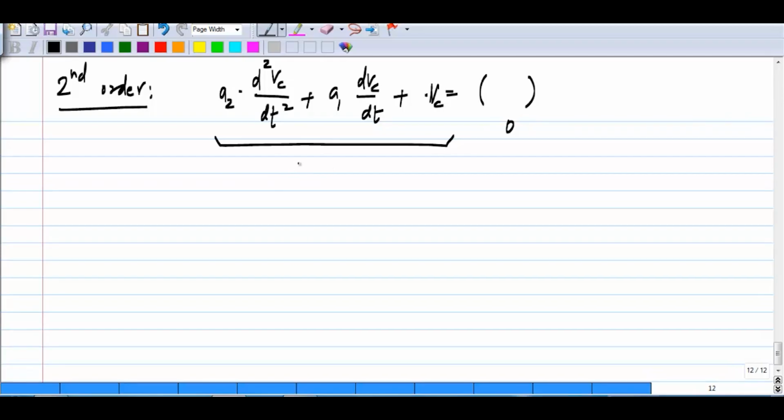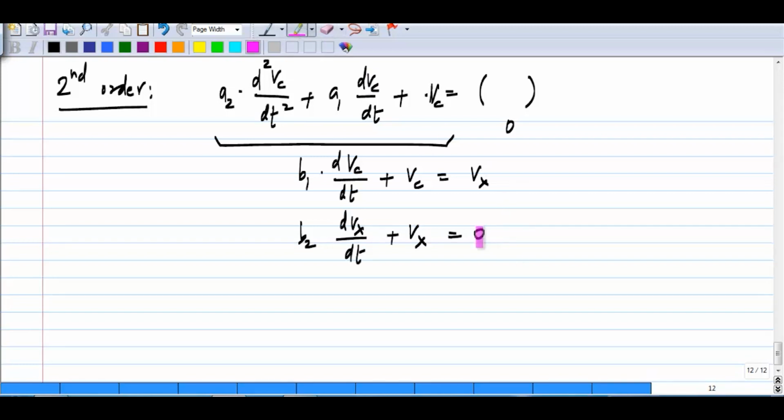That is, we go from the input to some variable Vx and from there to Vc. Now it is easier to understand in a picture.